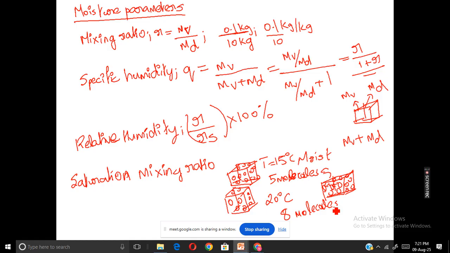Saturation means the maximum amount of water vapor that a given air parcel at a given temperature can hold. So it changes based on temperature. As the temperature increases, the amount of vapor molecules that the parcel can hold also increases, so it takes more time for the parcel to be saturated.